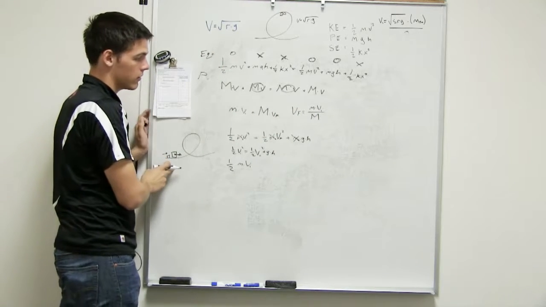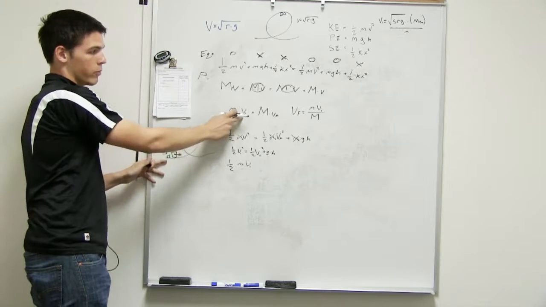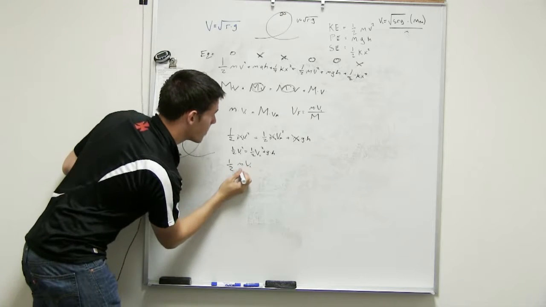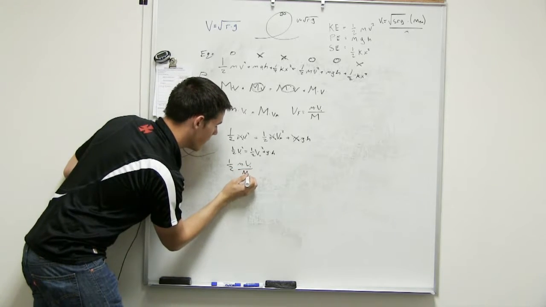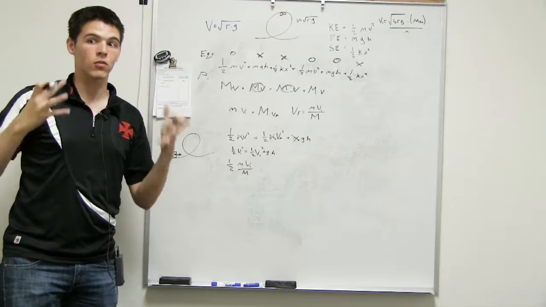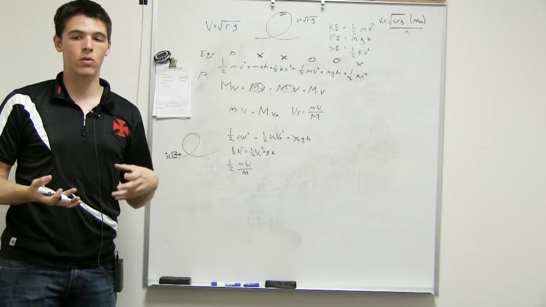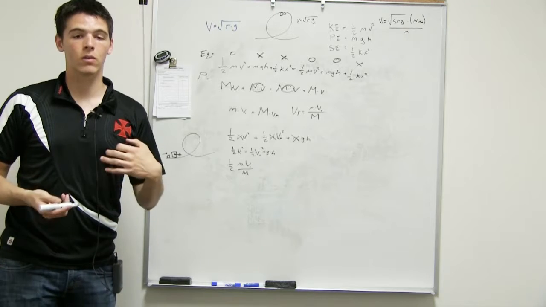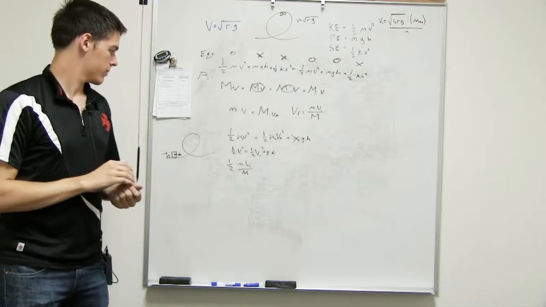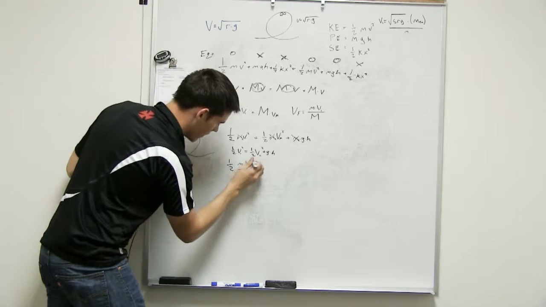This is the velocity of the little block, this one right here, all over big M. The big problem with these ones is we have to keep everything straight. Like make sure that we don't lose sight of what is what. And that can be kind of difficult at times. That is squared.